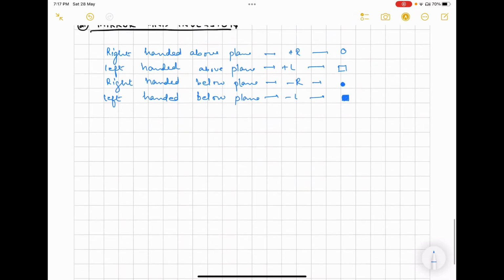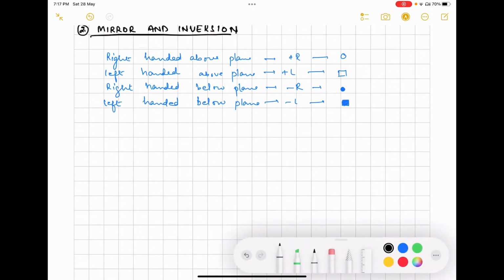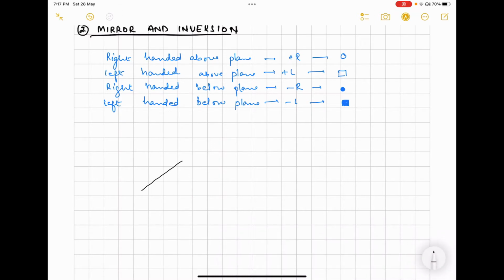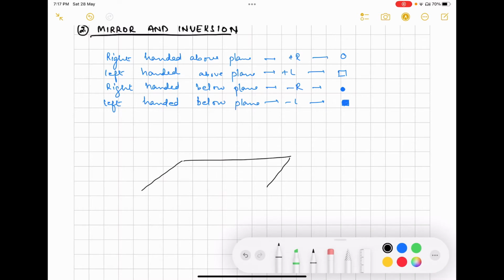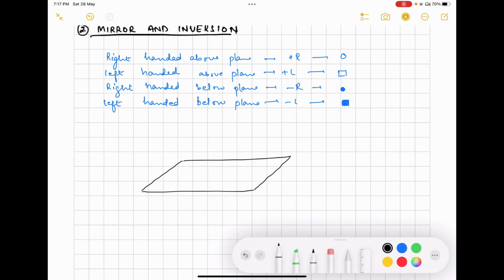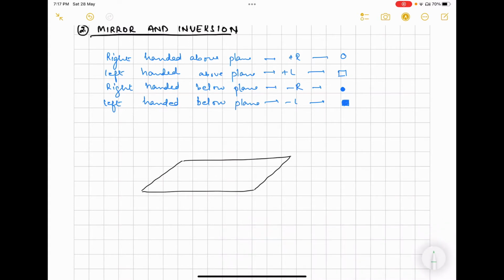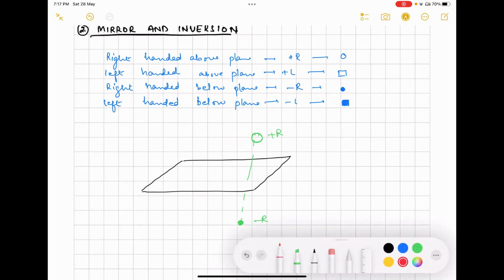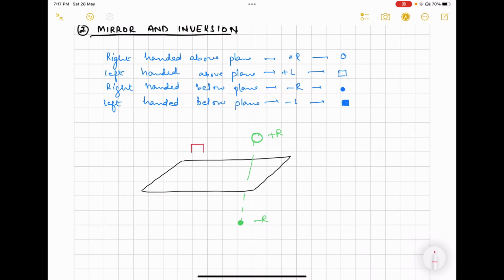So, if we describe them schematically, suppose this is your plane, any plane which is under consideration. Any object that is here is right-handed above, then this is right-handed below, and this is left-handed above, and this is left-handed below.